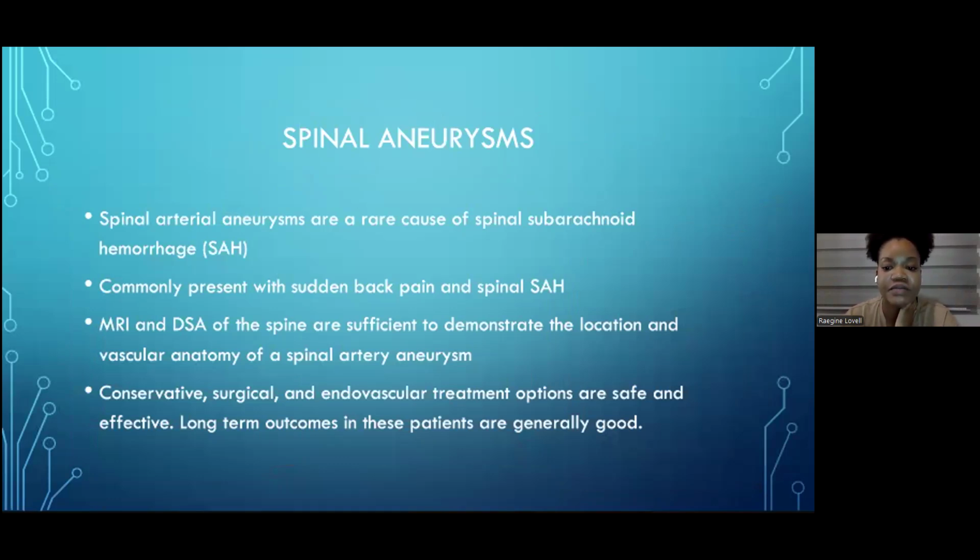Magnetic resonance imaging and DSA of the spine delineate the location and vascular anatomy of a spinal artery aneurysm, which is key in management planning. Surgical treatment for these should be prompt and performed cautiously, considering that substantial neurological deficit can result when the arterial supply of the cord is jeopardized.